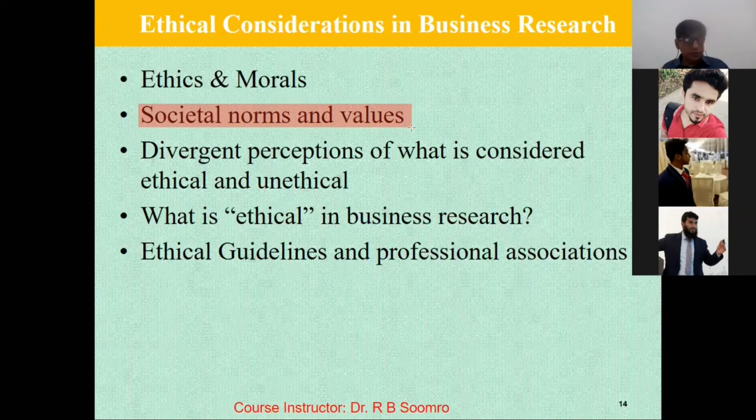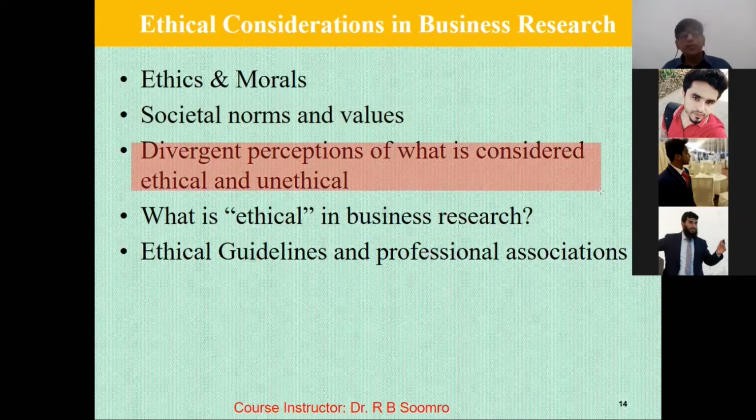Another thing is the divergent perception of what is considered ethical and unethical. In one society, one thing is ethical, and in another society, the same thing is unethical. For example, in European countries, if you ask another person what is your name, what is your income, how old are you, whether you are married or not, they consider this unethical.